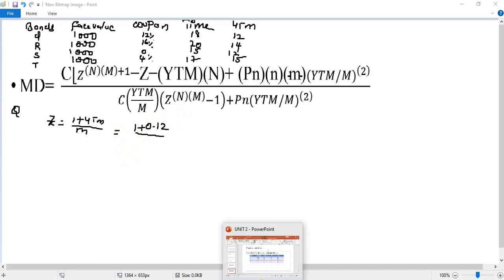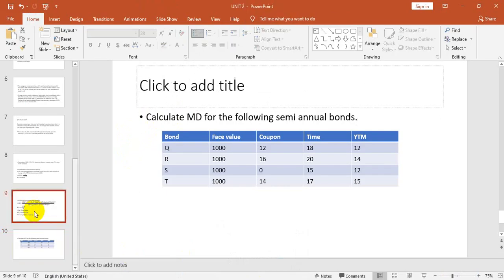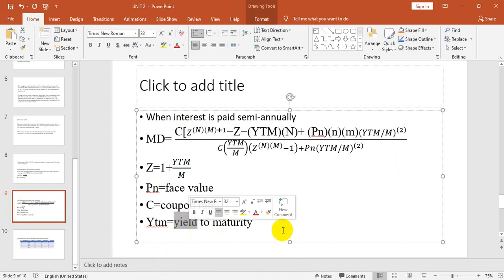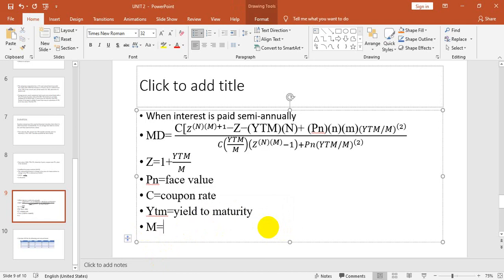For explaining this, let me come to our formula. M is nothing but the number of compounded periods in a year. So in here it has given you semi-annually.